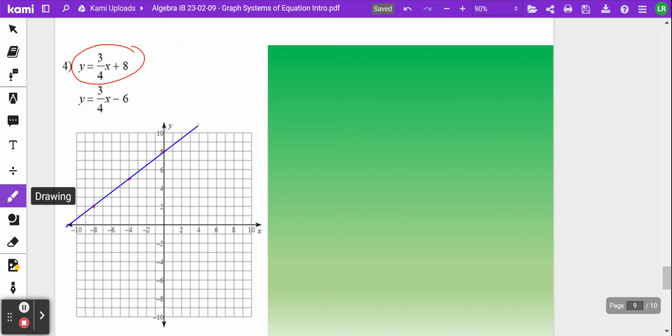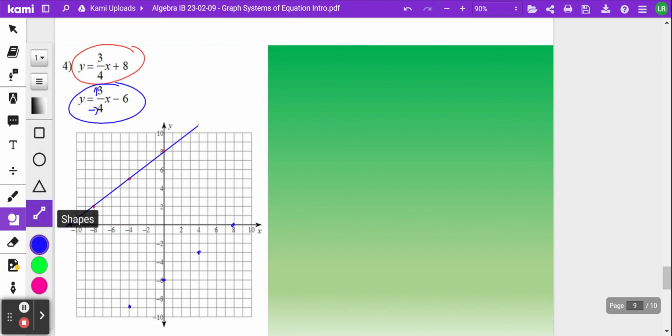Next one. Y-intercept's -6. And again, it's +3/4. Up 3, right 4. Up 3, right 4. Up 3, right 4. I'm going to go the other way. And I connect.